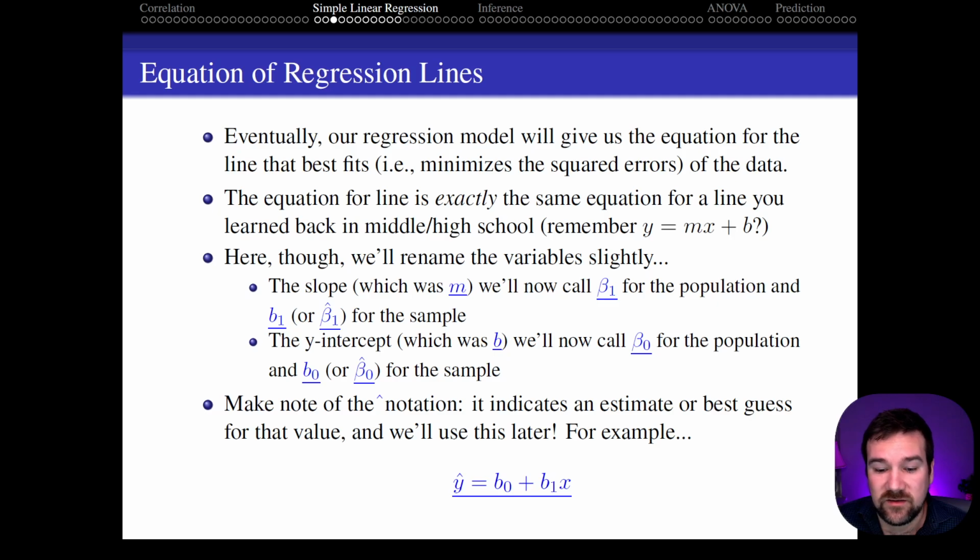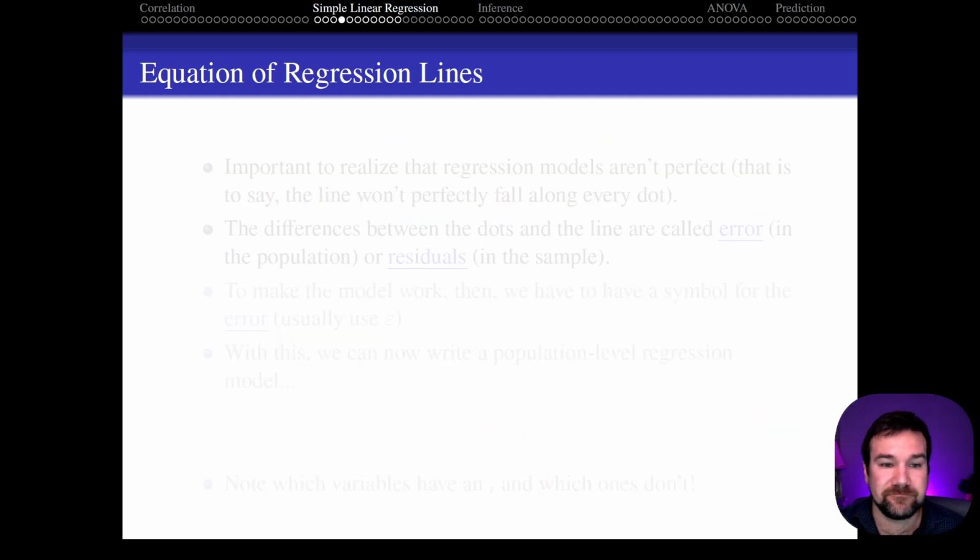Another way of saying that, which we'll talk about later, is the predicted y is my sample intercept plus my sample slope times x. So that's a way that we'll see best guess, hat, best guess. And again, for y, sometimes we'll call that the predicted value. For the betas, sometimes we'll call that our sample estimate. But that hat notation just means our best guess.